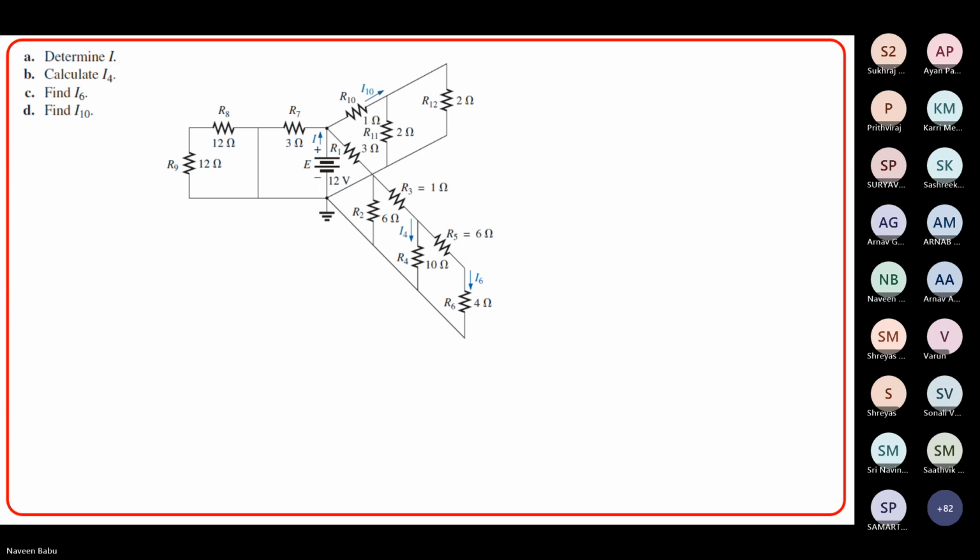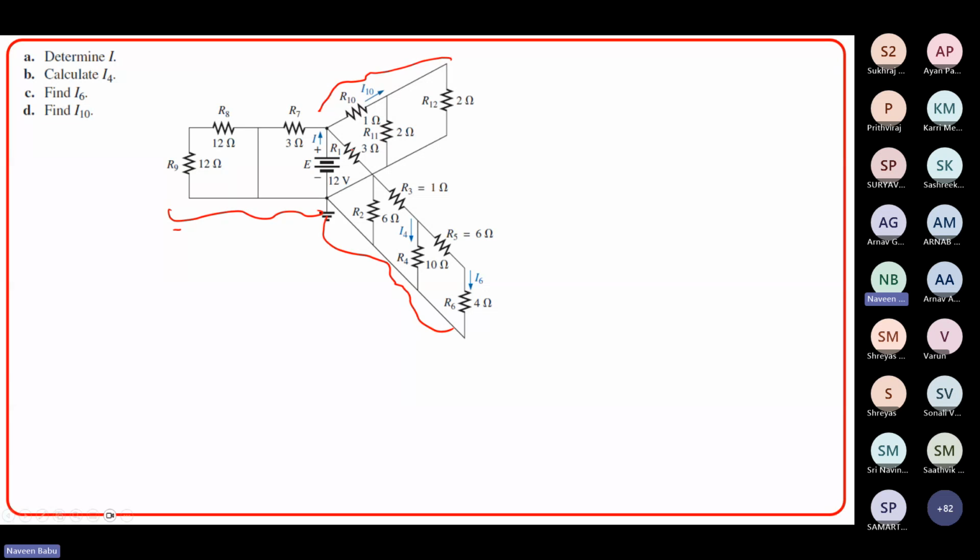Okay. Now, if you want to find out I1, and you have voltage, you definitely require the total equivalent resistance. Please note, this wing is parallel with this wing, which is also in parallel with this particular wing.